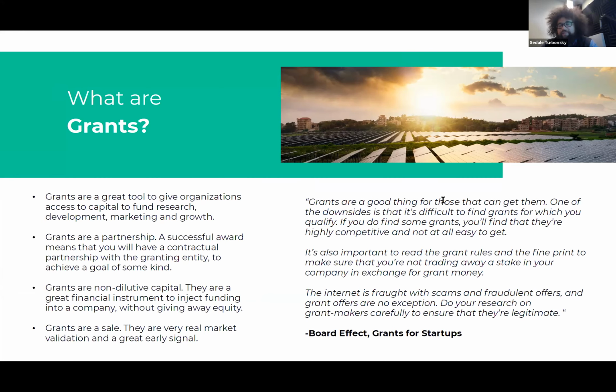They're also an exceptional opportunity to partner. And I'm going to talk more about this later on, but grants are a partnership. They are a relationship between you and some kind of entity, whether that be a public agency typically, or sometimes a foundation. And they're a relationship that can be nurtured and developed into something great.